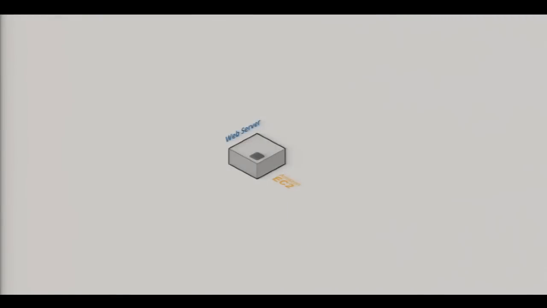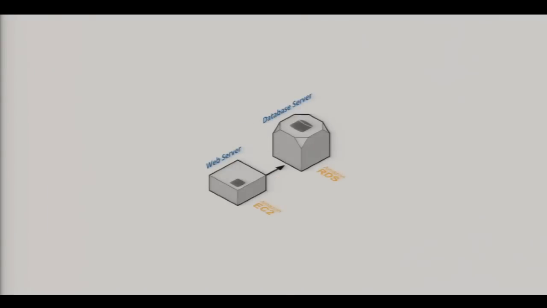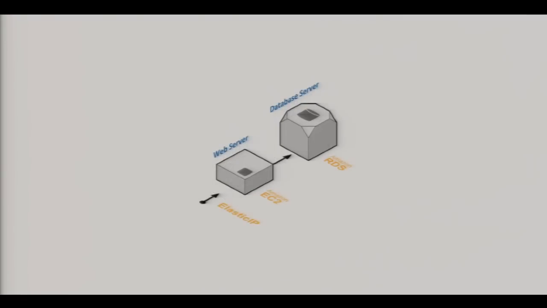So here we go. We'll take EC2 to host our web server. We will use the relational database service, which makes it really easy to manage and provision databases in the cloud, and we'll use that to set up our database. Next, we will use an elastic IP address that points to the web server.